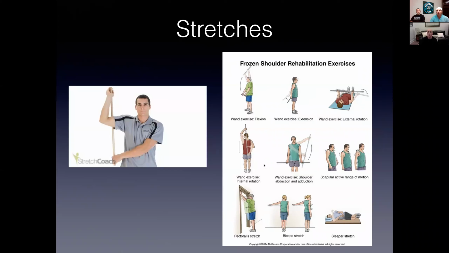In line with the stretches, I do like use of devices and things that can help you. TheraBands, dumbbells, these things for as far as stretches, like a towel or a wand is great for doing some of these stretches. And again, you can go online and see how you can use the wand or broomstick, etc., to help use one arm to stretch the other, and things like this.